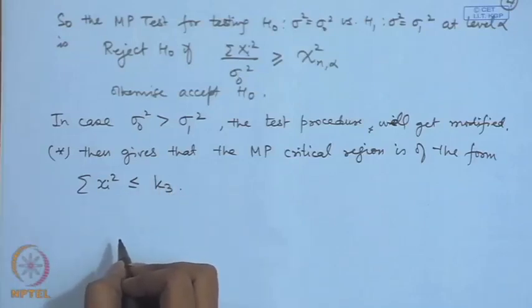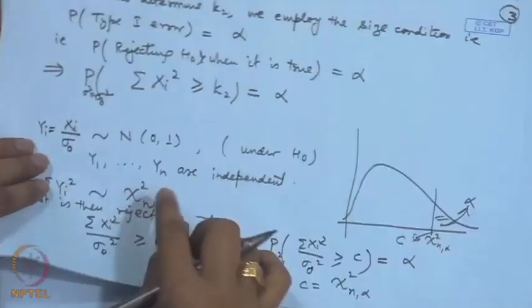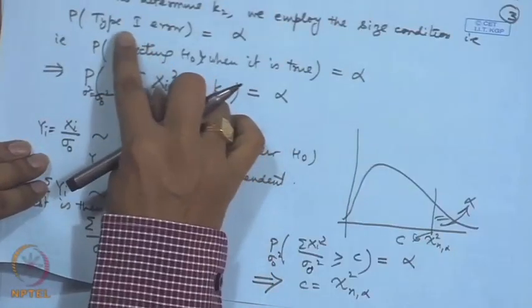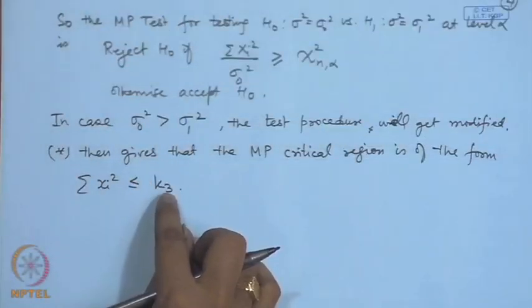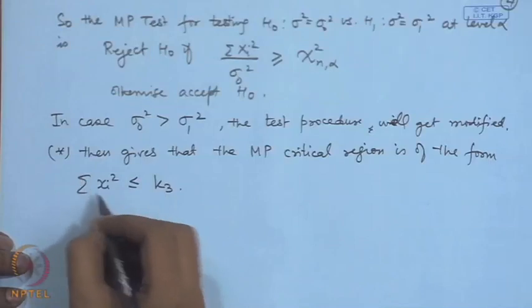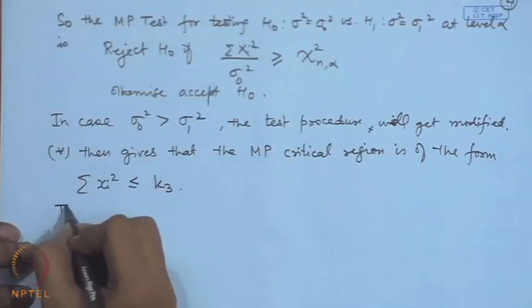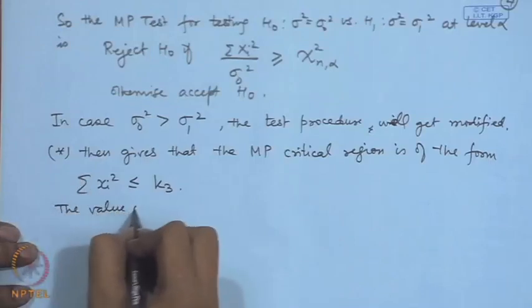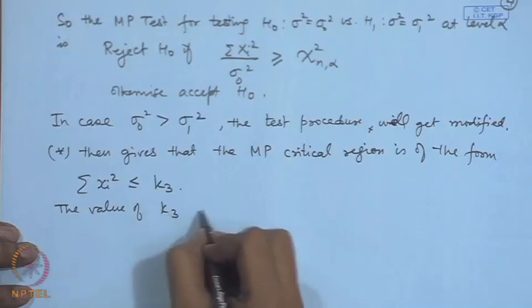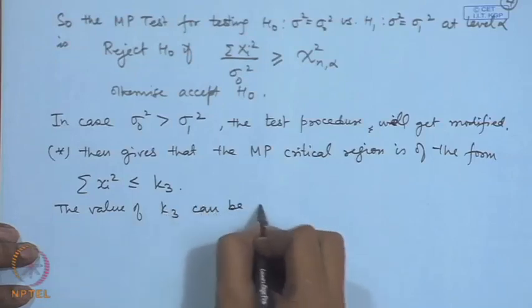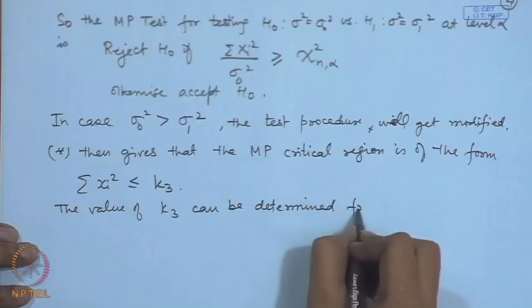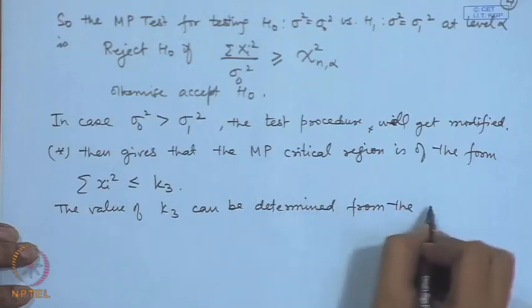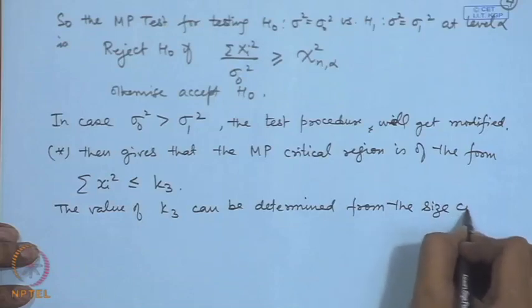And as before, the way we have derived it, the probability of type 1 error is equal to alpha will give me the value of k 3. So, in that case what will happen? The value of k 3 can be determined from the size condition.